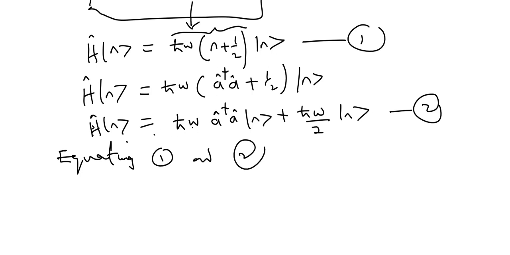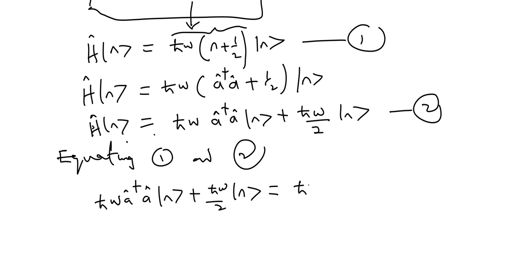In equation 2 we have ħω a†a|n> plus ħω/2 |n>. Expanding the bracket in equation 1, we have ħω n|n> plus ħω/2 |n>.